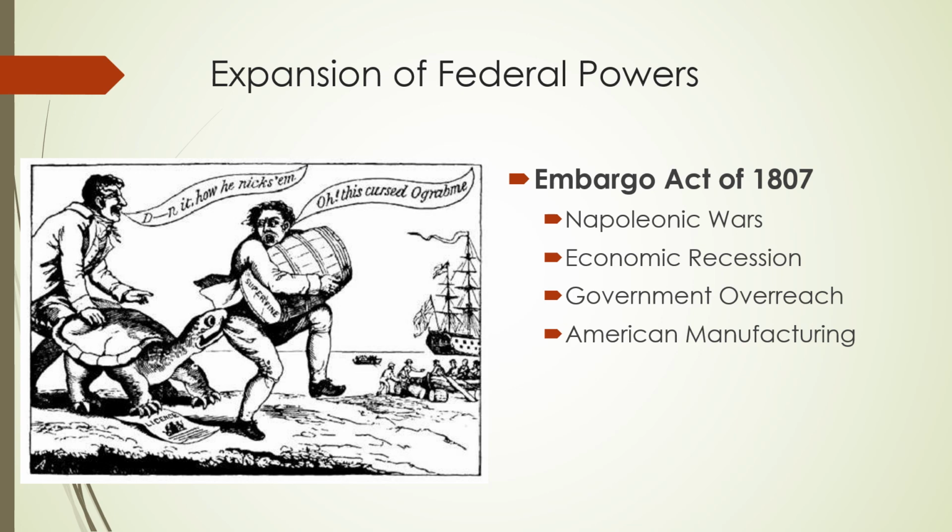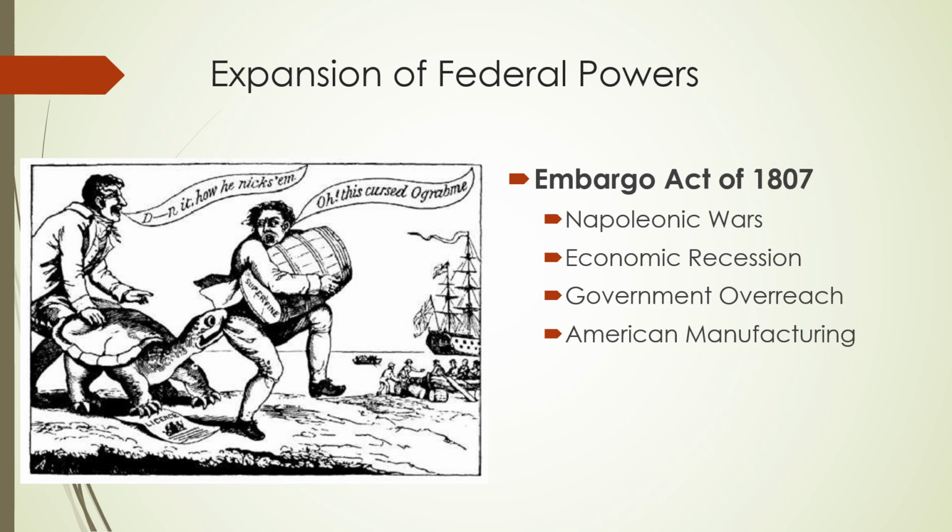All right, another thing that happens during the Jefferson administration is the Embargo Act of 1807. Now, we've said it over and over again, but don't forget that this is happening during these French revolutions. The French Revolution is definitely, at this time in the early 1800s, the most significant event happening in the world.